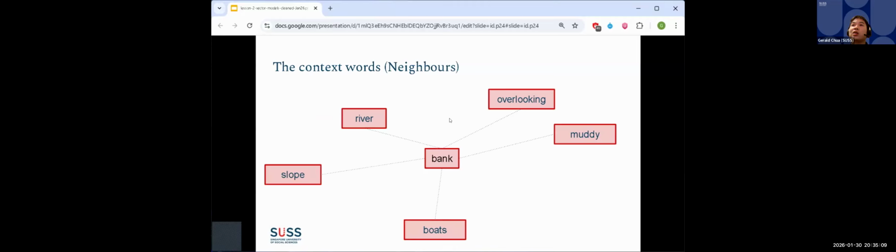So when we look at the idea of distributional semantics, you can see: you can find us right on the riverbank; the slope of a muddy riverbank; and you go for afternoon tea and a cruise along a riverbank. So what can you do with the words related near it? The context, the neighbors.